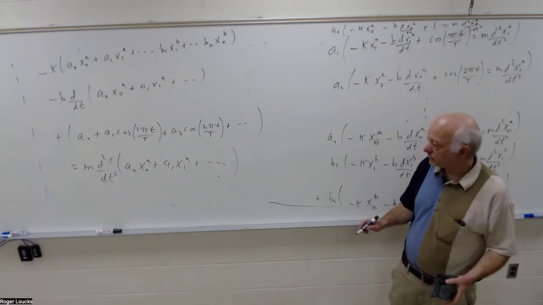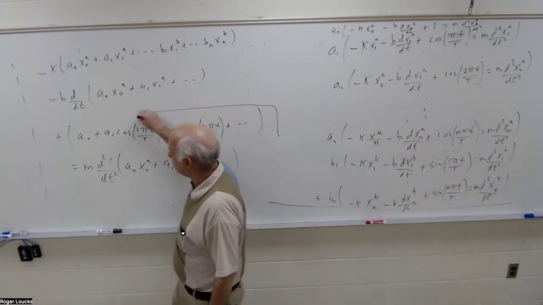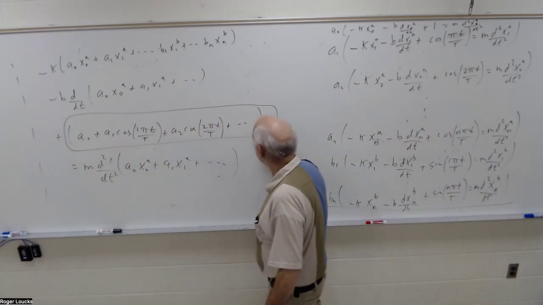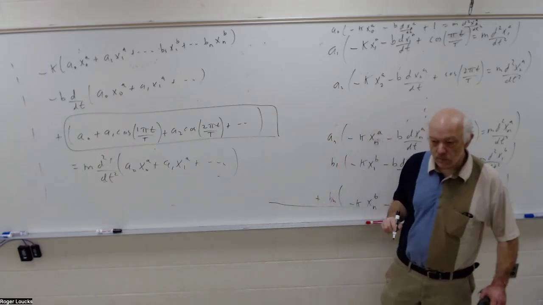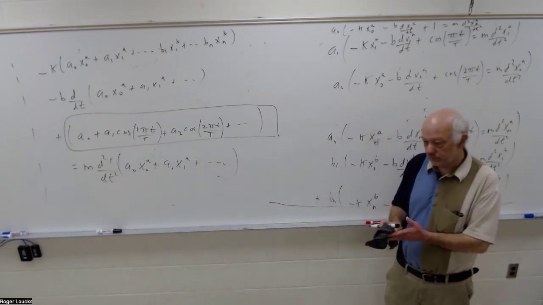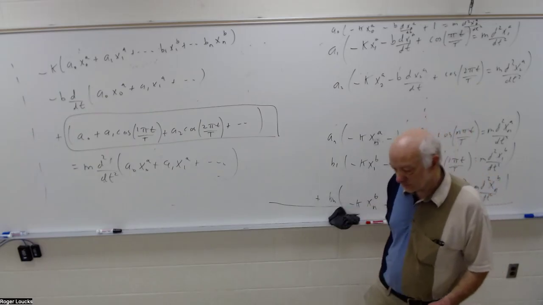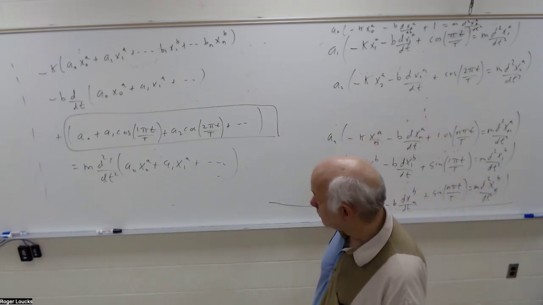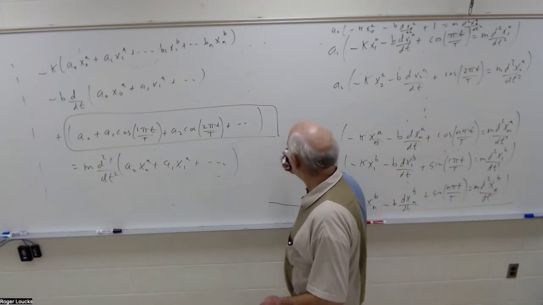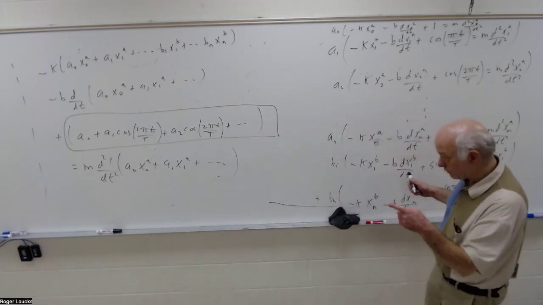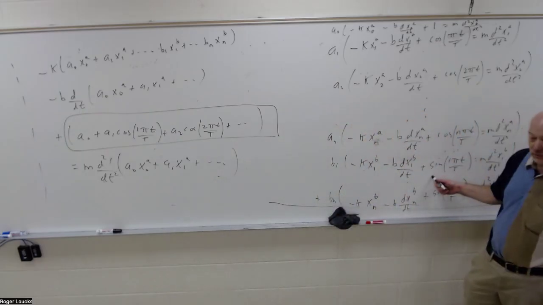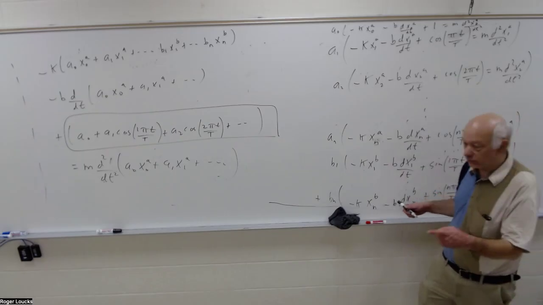And what would I have? What would I know about this whole mess here? Oh, okay, I didn't put it. Yes, I was supposed to include the sine series. What you said is correct.